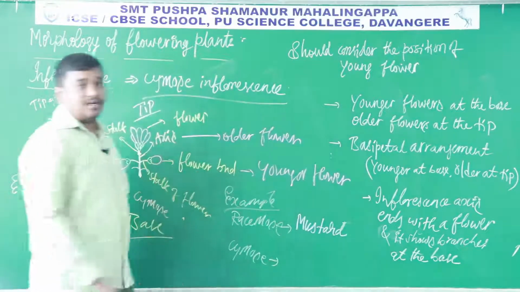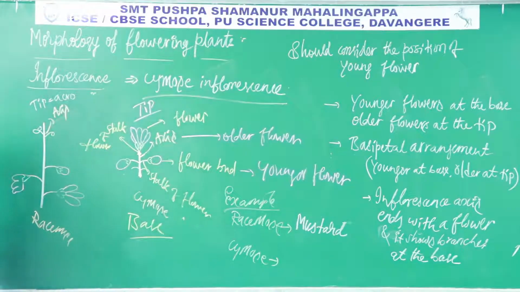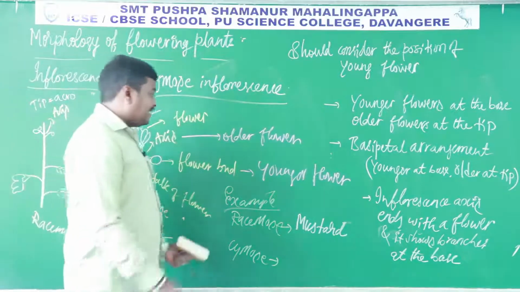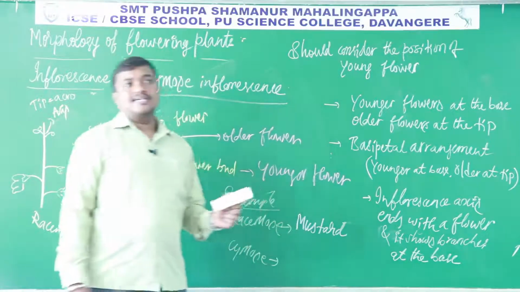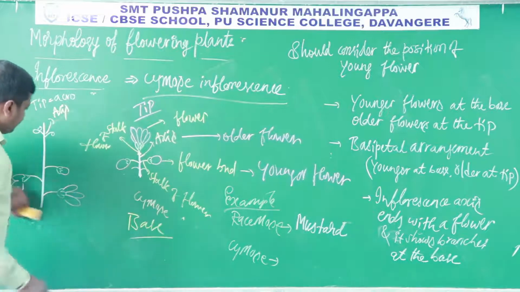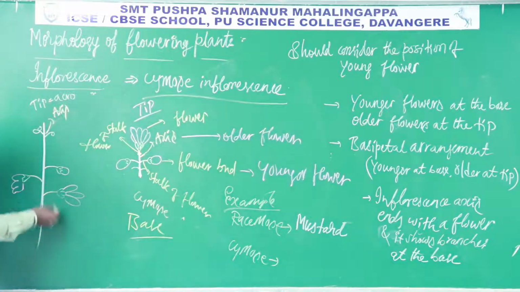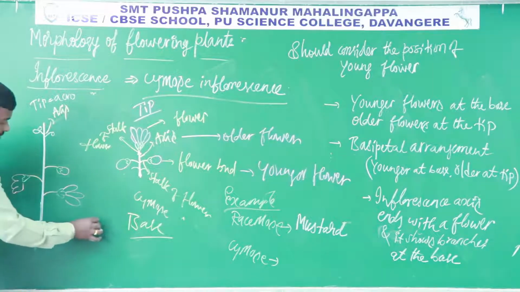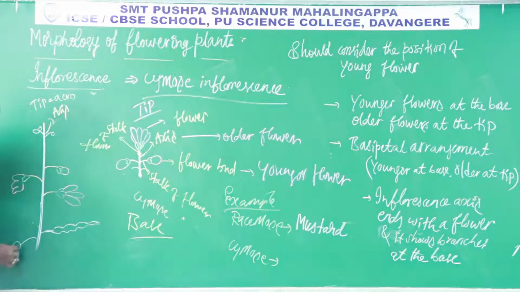Mustard inflorescence is taken as a typical example for racemose inflorescence. Here the older flowers are modified into fruit. Older flowers are developed into fruits. Younger flowers are bloomed, and still younger ones are in bud condition.